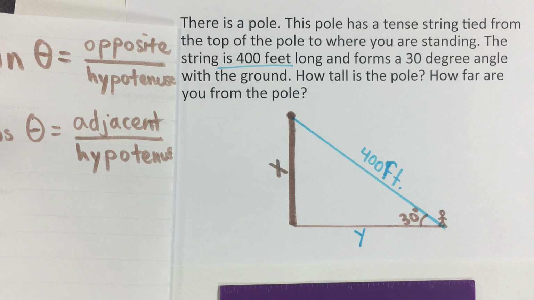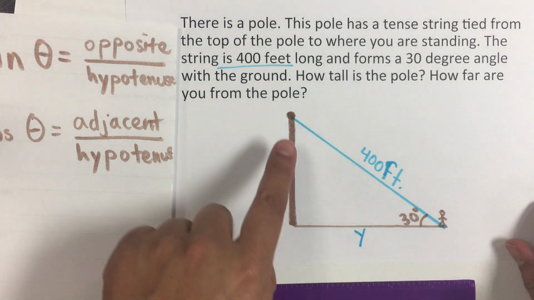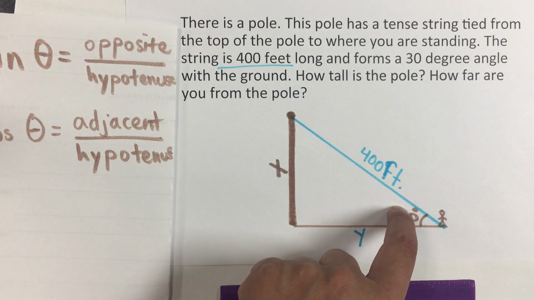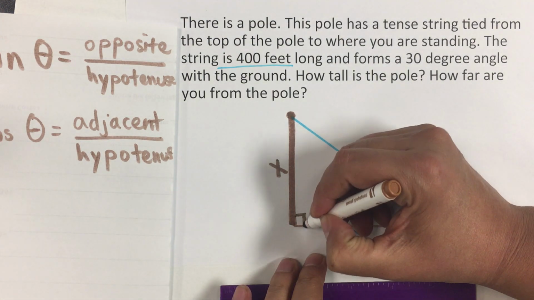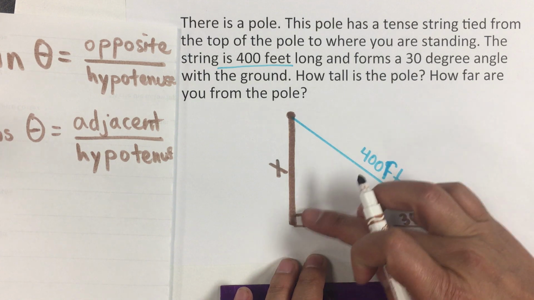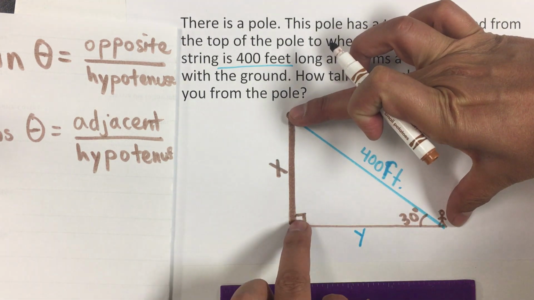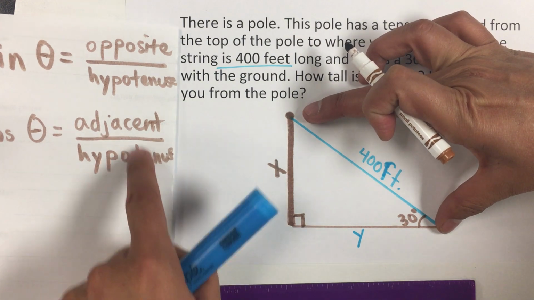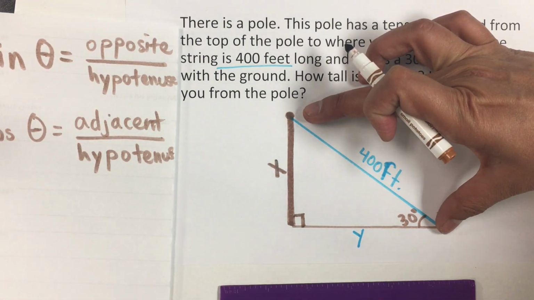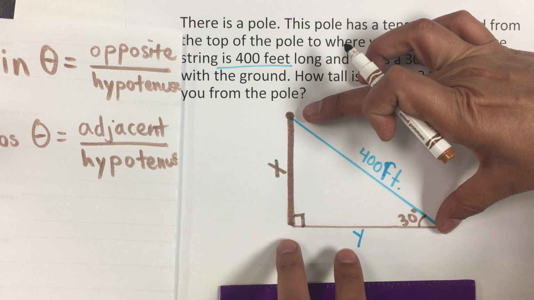Well, remember that the easiest one to identify is the hypotenuse because it's always opposite of the 90-degree angle, meaning that this side will never touch that angle. So for sure, you're going to use either sine or cosine, not tangent.